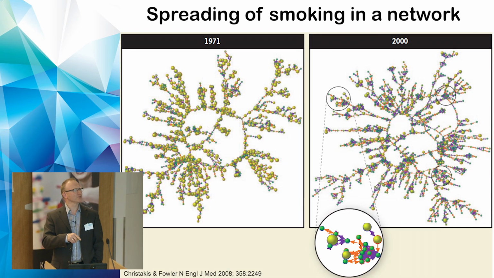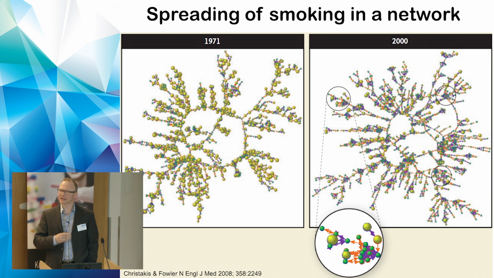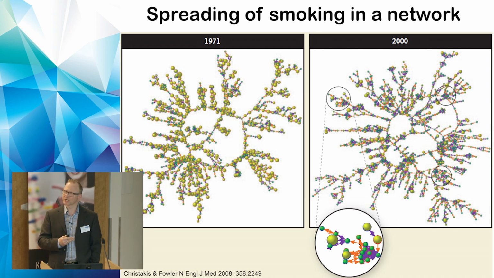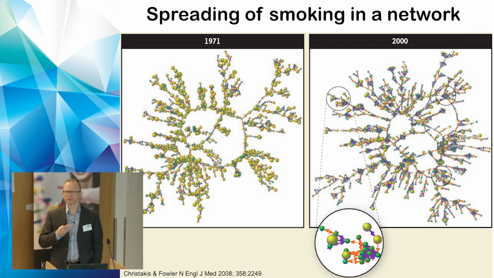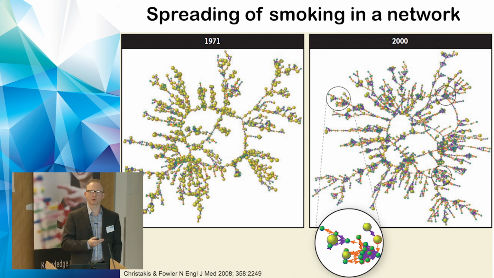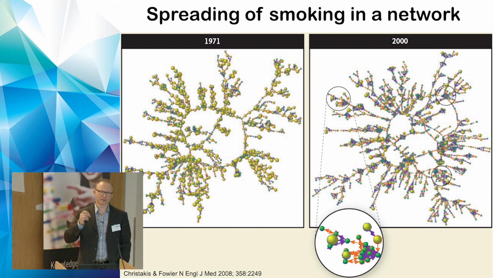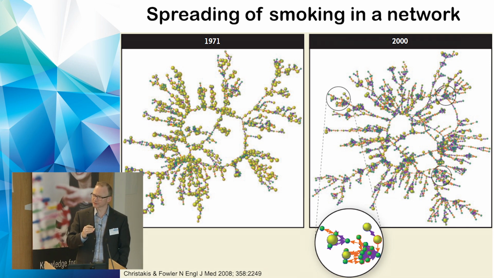So this is a view from a Framingham study, 1971, where people were asked lots of questions about what they were doing, how they were feeling about themselves, their weight, if they were smoking, their income, who were their friends. So they gave a list of top 10 friends.